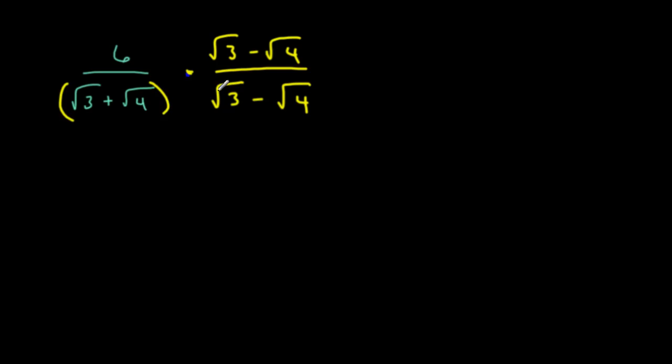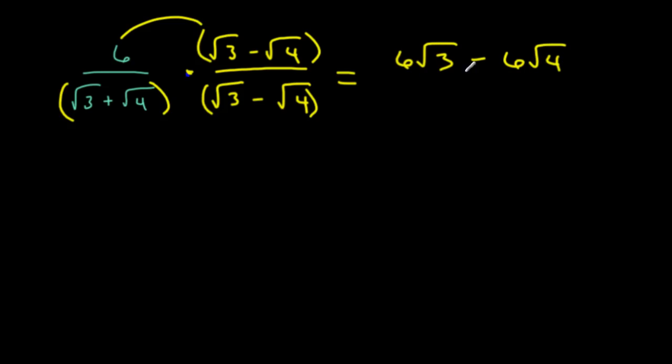So here we have 6 over radical 3 plus radical 4. So the conjugate here is going to be radical 3 minus radical 4. Multiplying both numerator and denominator by this. Okay, FOIL and distribute on top. So when I distribute, I'll have 6 times radical 3 minus 6 times radical 4 over radical 3 times radical 3 is just going to be 3.